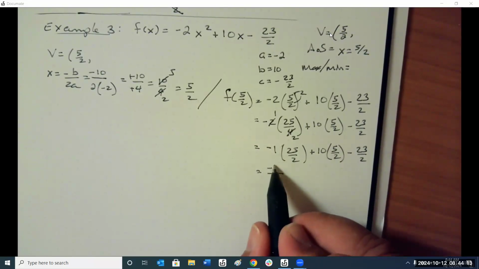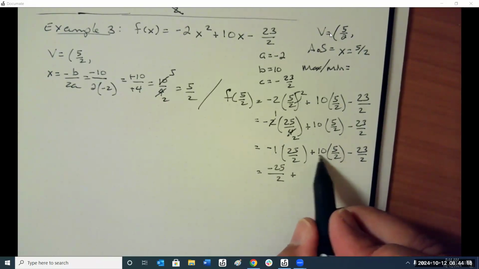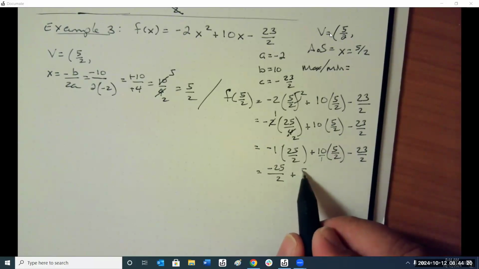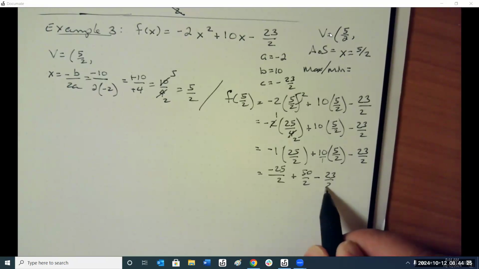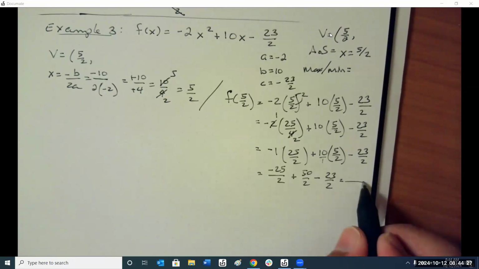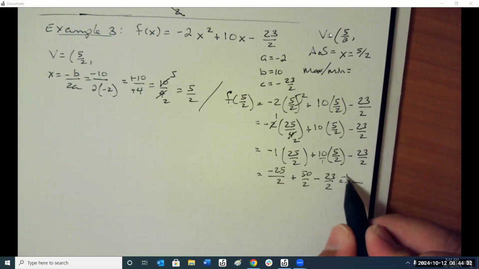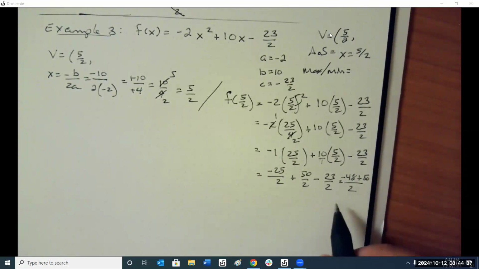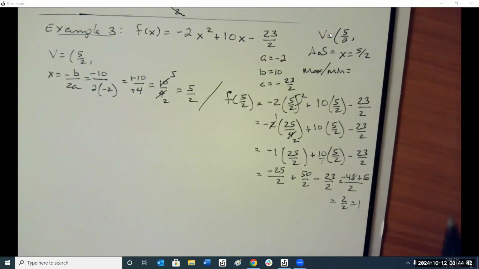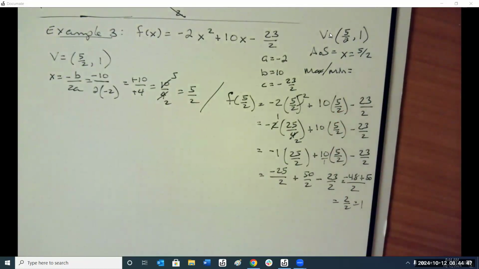So it's negative 25 over 2, 10 times 5 is 50 over 2, minus 23 over 2. Negative 25, negative 23 is negative 48, plus 50. So 50 minus 48 is 2 over 2, which is 1. So our y value of the vertex is 1.